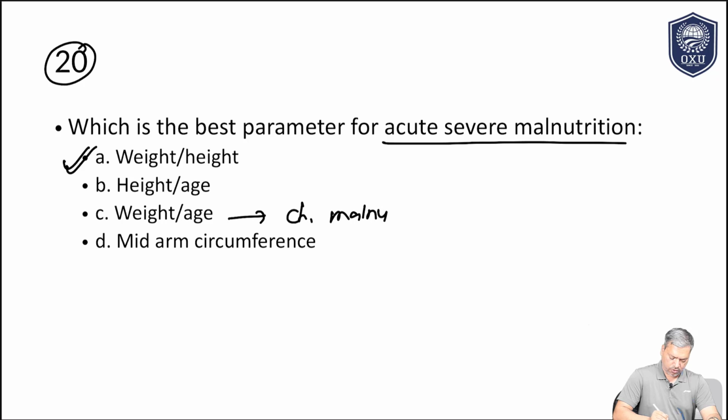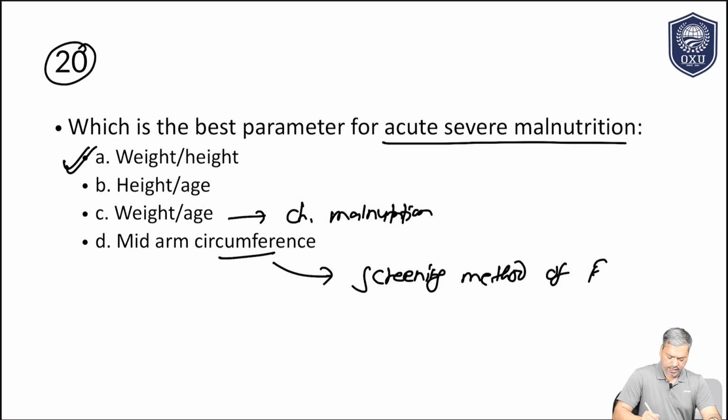Mid-arm circumference is actually the screening method of finding the malnourished child in the society.